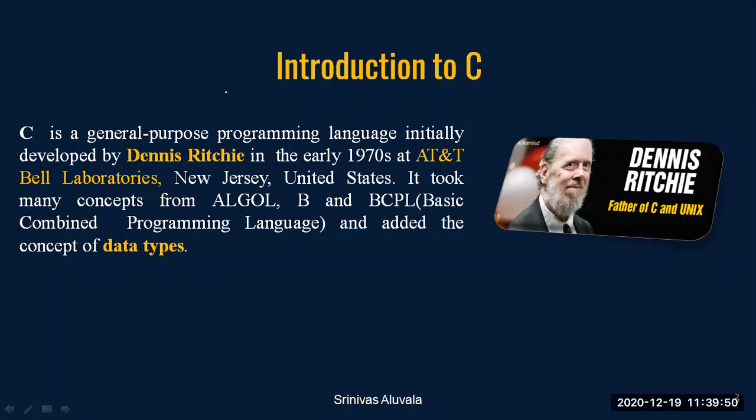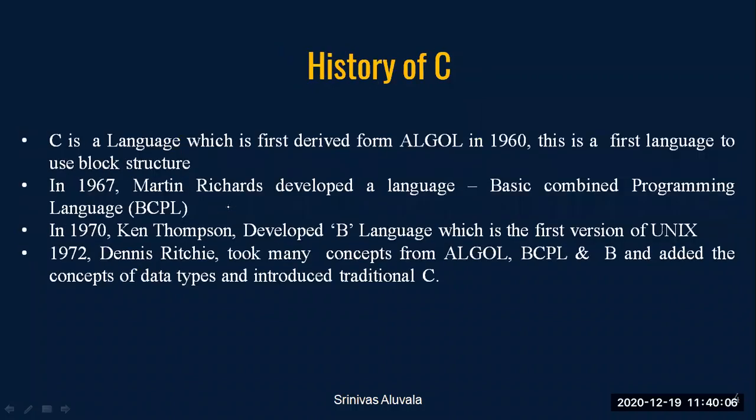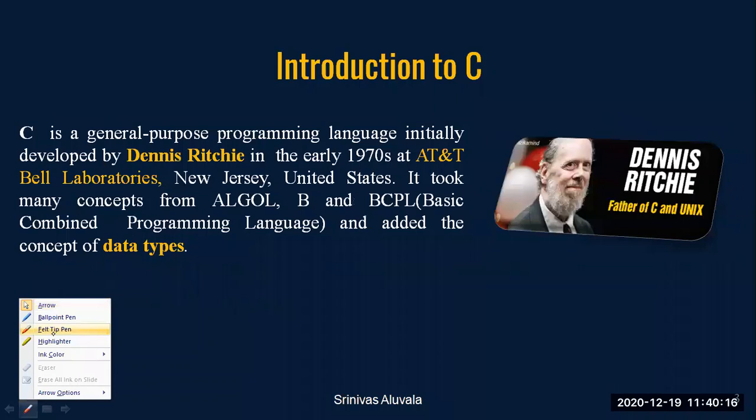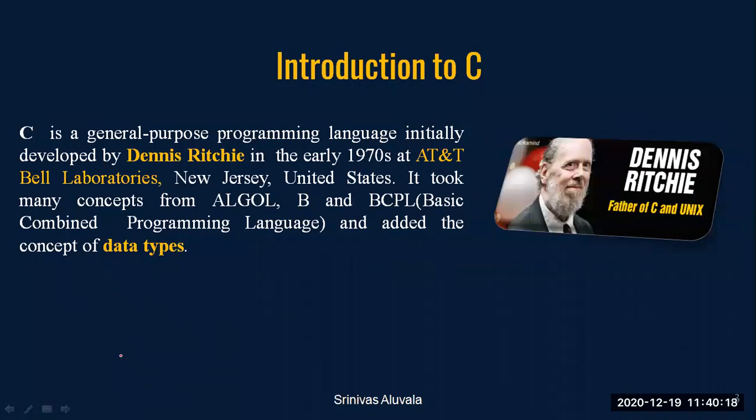And C has evolved, taking the features of already existing programming languages like ALGOL, B, BCPL, Basic Combined Programming Languages, and making use of all the features available in ALGOL and B and BCPL. Dennis Ritchie has added the features of data type.